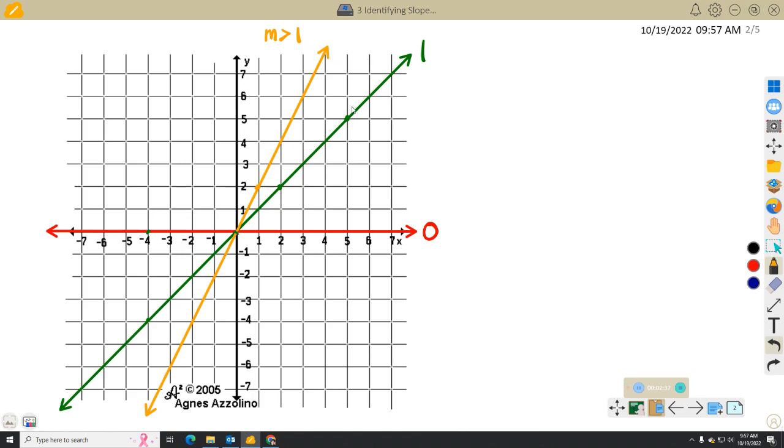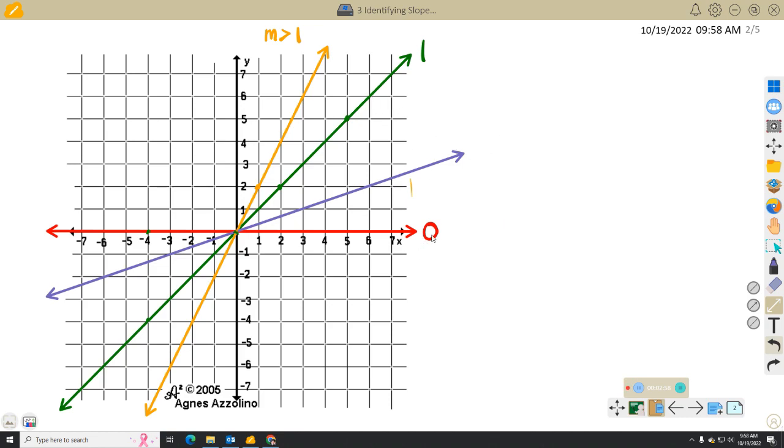But anything up in this area above this slope of 1 line will have a slope greater than 1. Okay? So what do you think the slopes are going to be in this area between 0 and 1? What do you think?